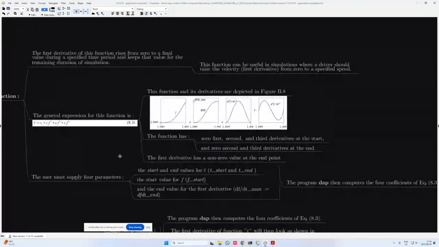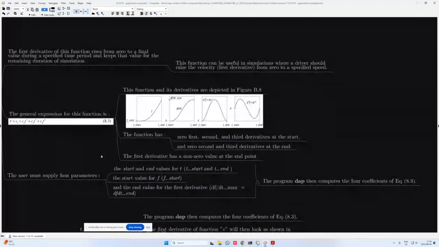So we have quite aggressive polynomials or high order polynomials in this case that we need to use, but all of them work together to ensure that we can meet all of these figures in B8. So the function has a 0 first, second, and third derivative at the start. This we can see as 0, 0, and 0 for df dt, d square f over dt square, and then d3f over dt3 as well.